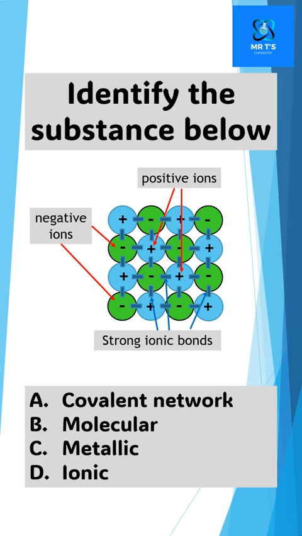Identify the substance below. In this picture here, we can see a lattice, a regular 3D lattice of alternating positive and negative ions, or cations and anions. They are attracted by strong electrostatic or ionic bonds. So is this A, a covalent network substance, B, a molecular substance, C, a metallic substance, or D, an ionic substance?